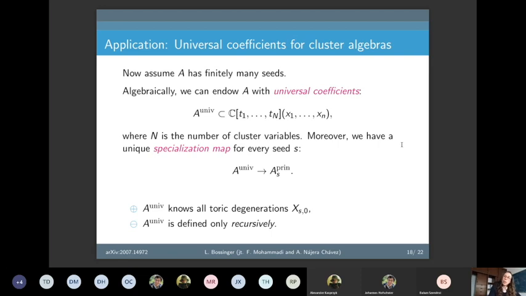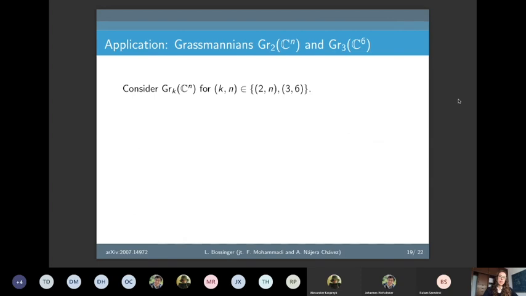And this makes it a bit tricky to deal with universal coefficients in general. In particular, if you want to get some explicit computations done, things get a bit complicated. But there is hope to pin this algebra down to a presentation, which we will now see explicitly in the examples of the Grassmannians Gr(2,n) and Gr(3,6).